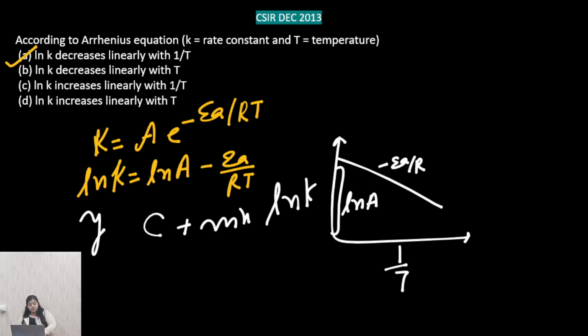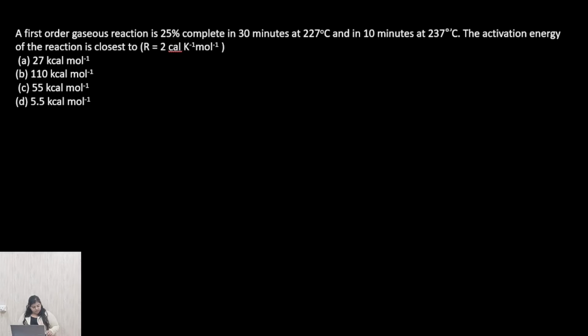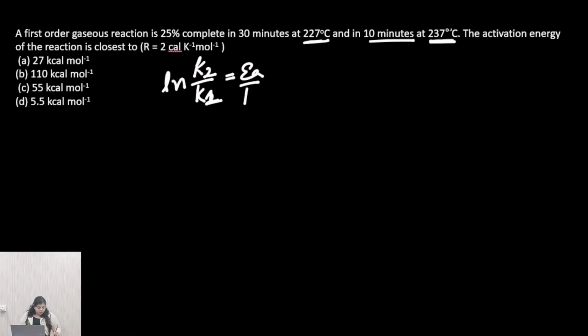Next you have this. It says a first order reaction is 25% complete in 30 minutes at a temperature of 27 degrees centigrade, and in 10 minutes at a higher temperature. What is the activation energy? So we know natural log of K2 by K1 is equal to Ea upon R into 1 by T1 minus 1 by T2.